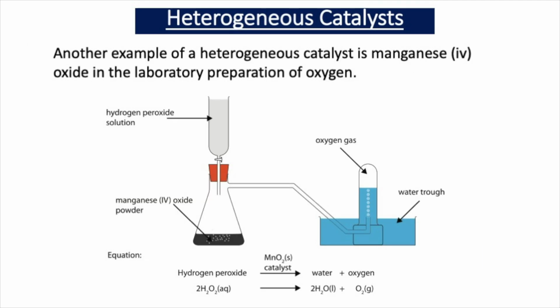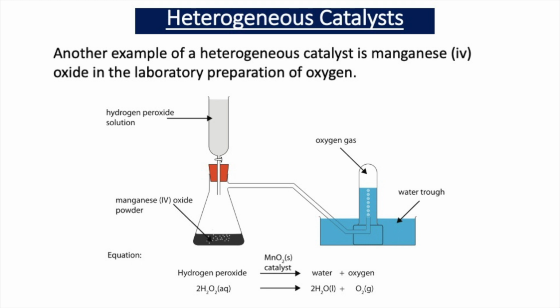Now, another example of a heterogeneous catalyst is manganese(IV) oxide in the laboratory preparation of oxygen. Oxygen is made in the laboratory by using hydrogen peroxide, H2O2, and this decomposes to form oxygen and water at a rapid rate if you add a catalyst of manganese(IV) oxide.